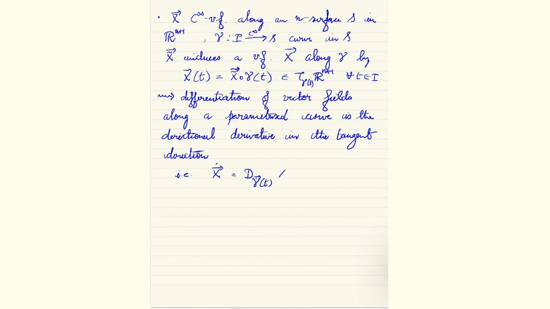So at that point, you look at the derivative of this original vector field, right? Because x was just the x tilde viewed only along the curve, restricted to the curve. So that's the relation between a vector field along a surface. You look at the restriction of this vector field to the curve, then you look at the derivative with respect just along the curve, that is x dot.